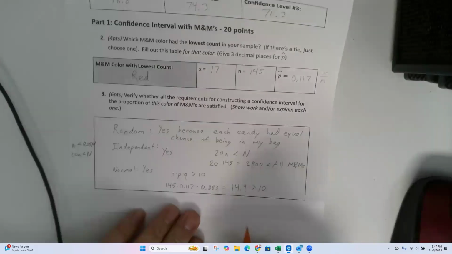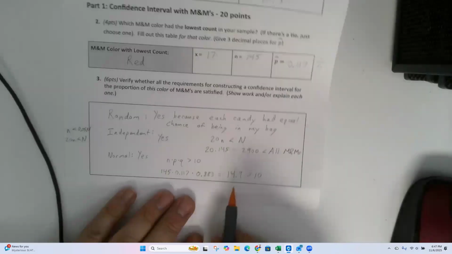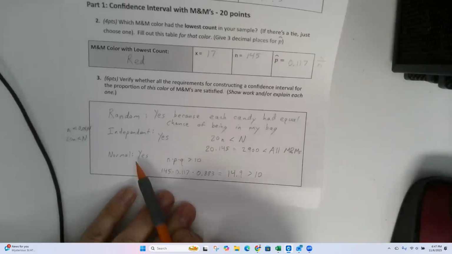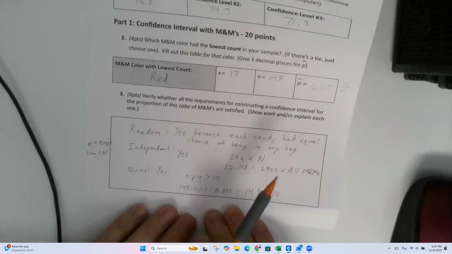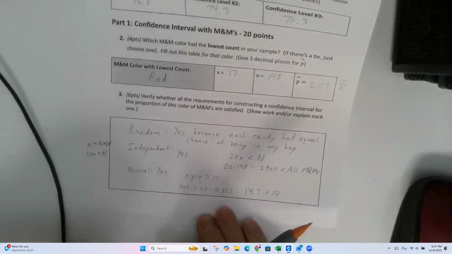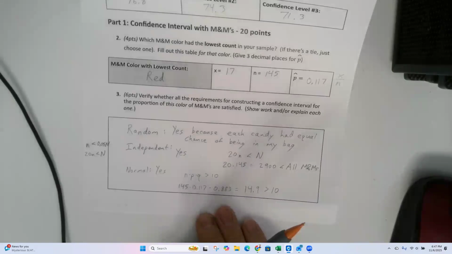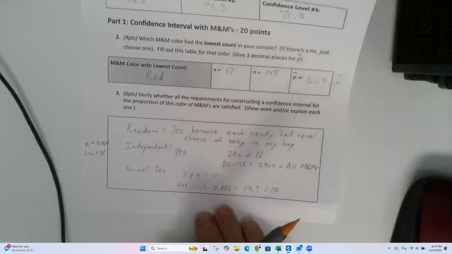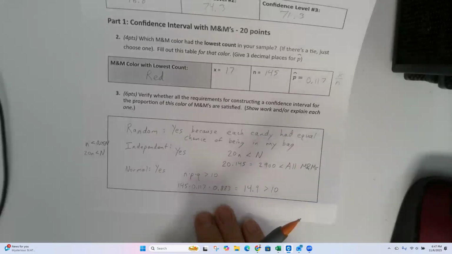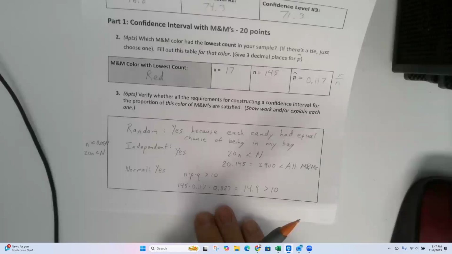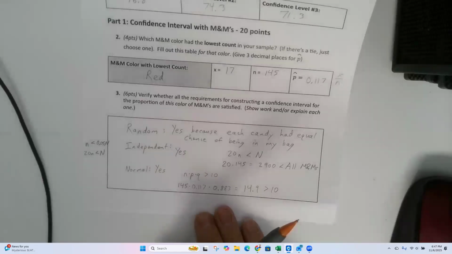So Mark got less than 10. So in his case, his answer is no. So what does that mean? Well, that's fine. I'm not going to mark you off for no. It just means that your sample size was not big enough. I'm certainly not going to make you go back and buy more M&Ms or anything. But what's going to happen is your results are not going to be as reliable.